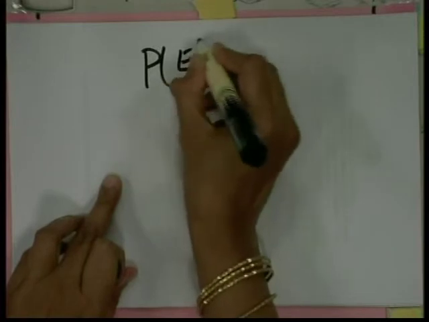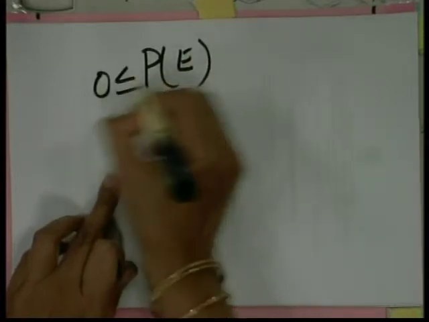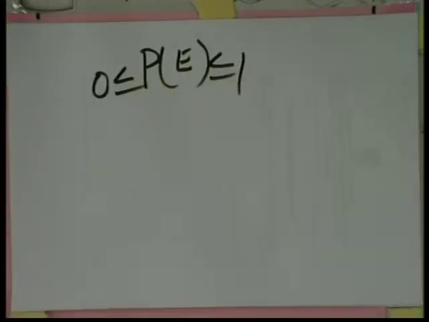One simple rule we should remember is that the probability of any event always lies between 0 and 1. It has to be 0 or more than 0, and it has to be less than or equal to 1. Those are the limits for the probability of an event.